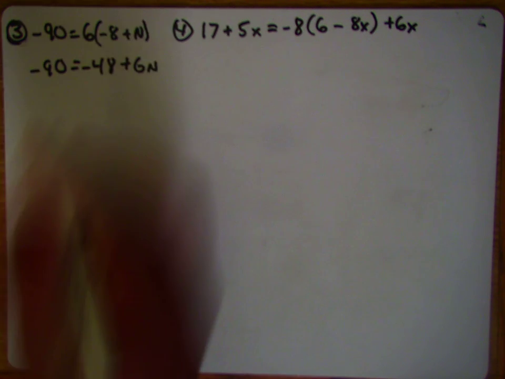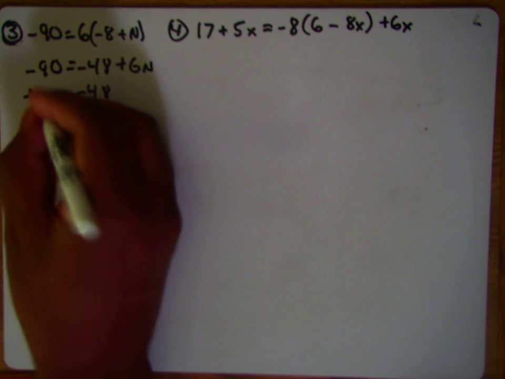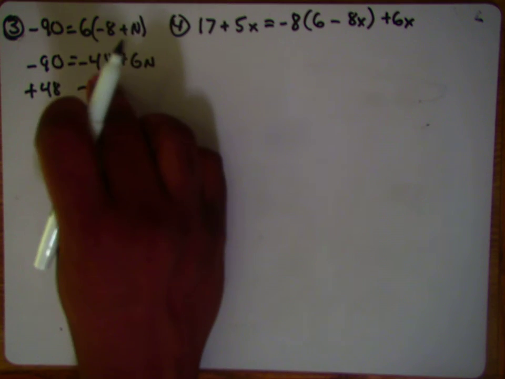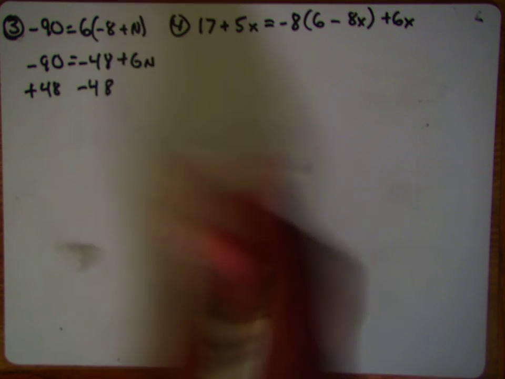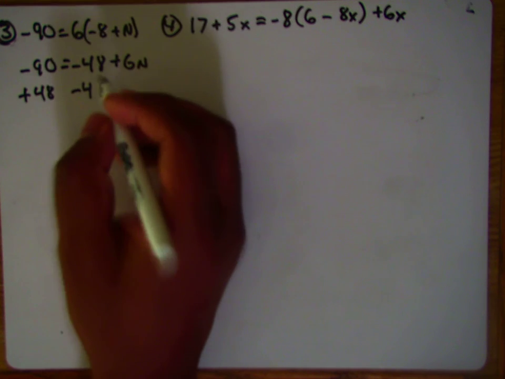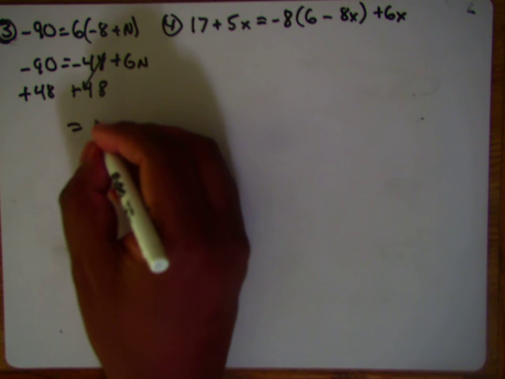Next thing we're going to do is go ahead and add 48 on both sides. And that allows our 48s to cancel out here, bringing it down to 6n.